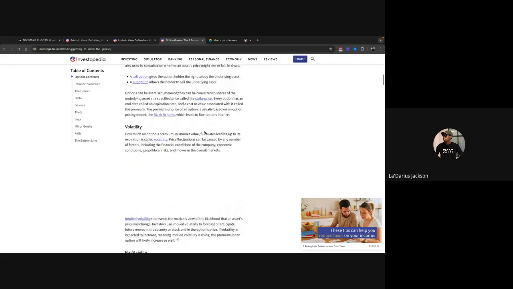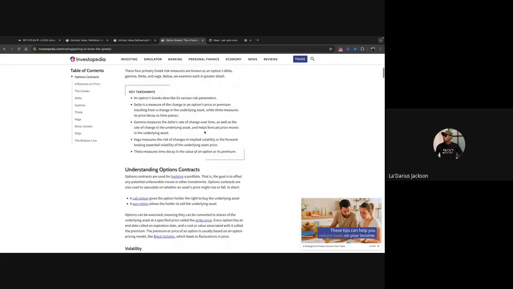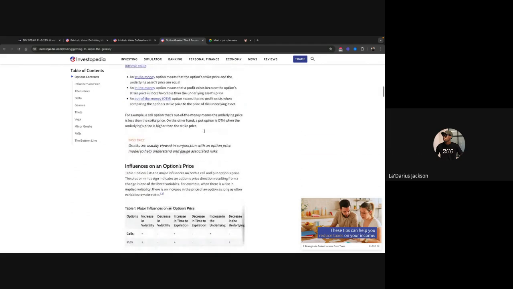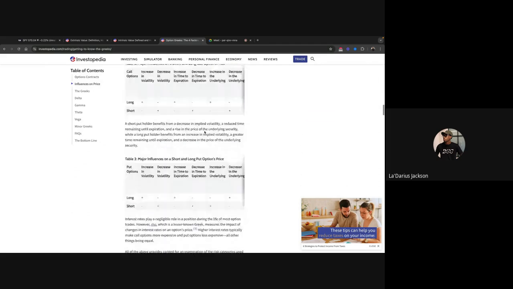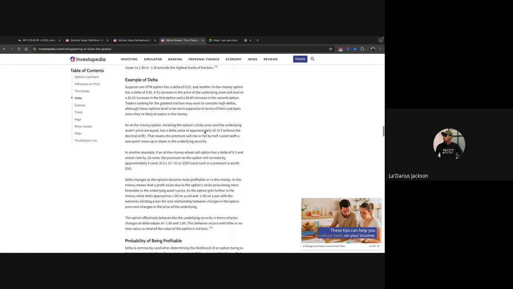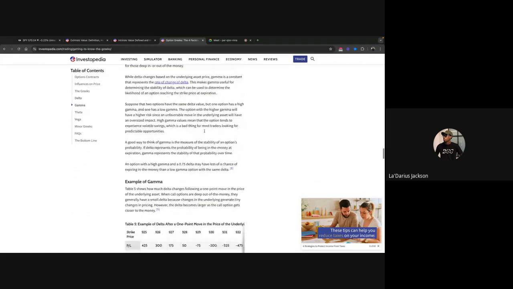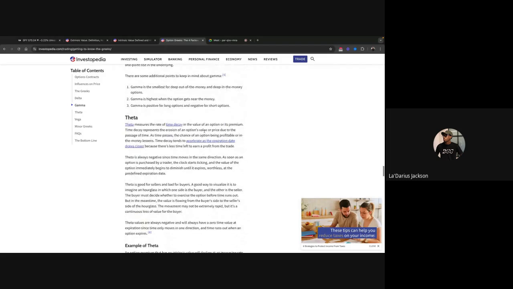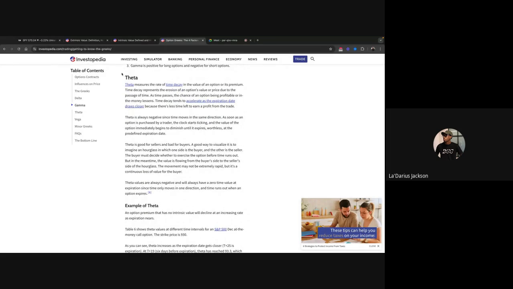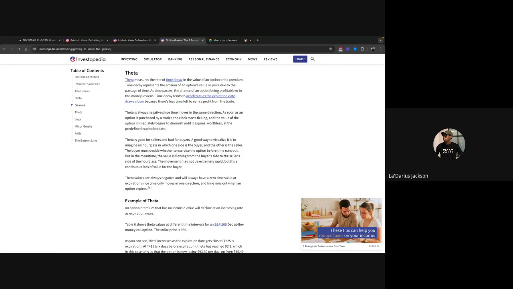Theta is the number one Greek, so we can skip down to that really quick. Here we are. Theta measures the rate of time decay. Some people call it theta decay, time decay, or just theta alone, but they all mean the same thing.